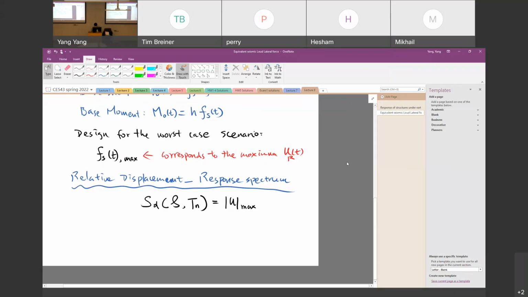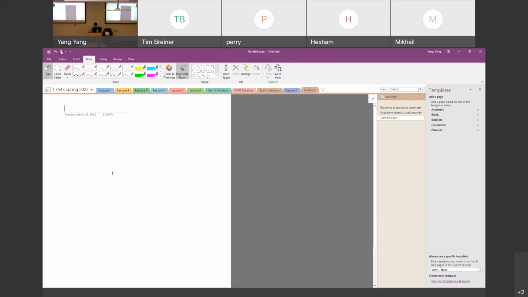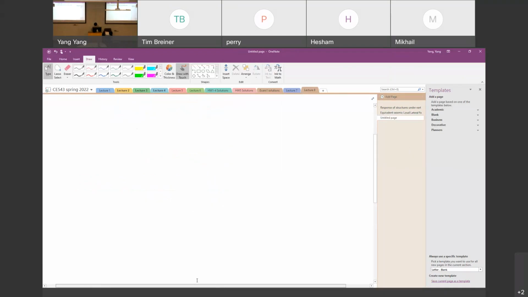So let's further explain what that means. Firstly, we have the input. The input here is an earthquake ground motion.